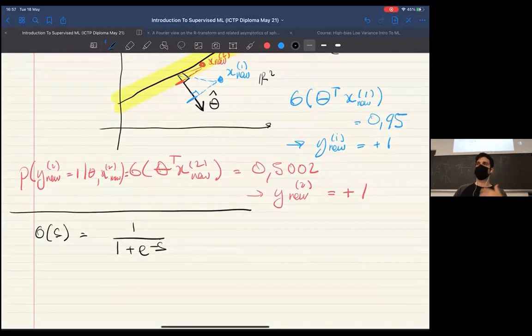So imagine that you have a system with two possible states, like an atom which is excited or not, or a neuron which is spiking or not. And it has two energy states.